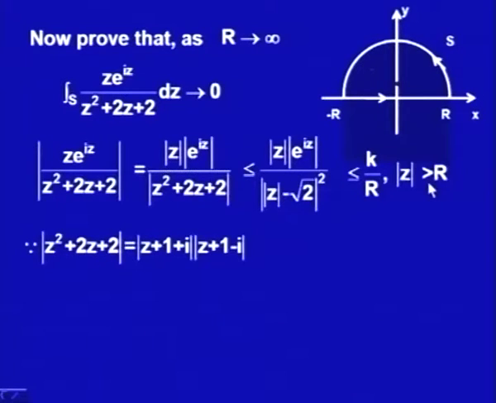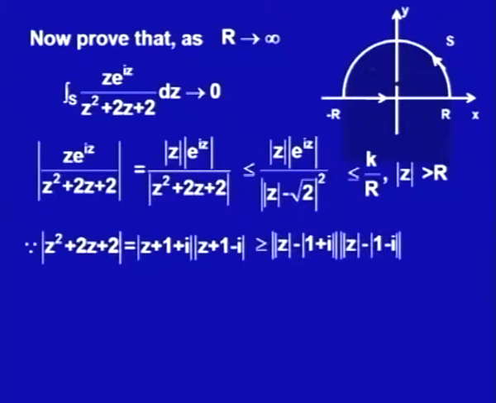This is the explanation for how we got the denominator. z² + 2z + 2 can be written as (z + 1 + i)(z + 1 − i). I am using that the mod of x into y is mod x into mod y. Taking z as x and 1 + i as y, we know mod of x + y is greater than or equal to mod x minus mod y.